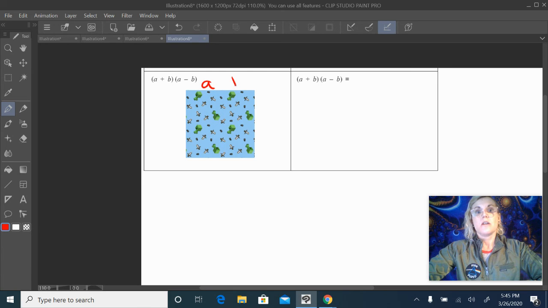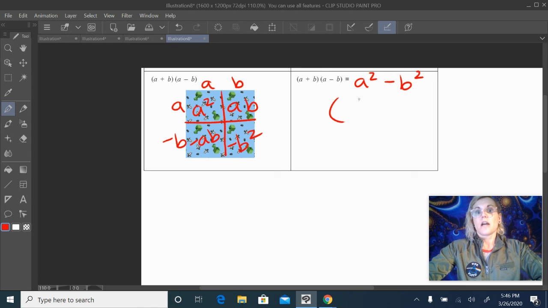So A plus B times A minus B. Let's do that out. A times A, A squared, A times B, AB, A times negative B, negative AB, and negative B times B gives me negative B squared. So you'll see the diagonals are my like terms, and they're always going to cancel with each other. So I'm left with A squared minus B squared.